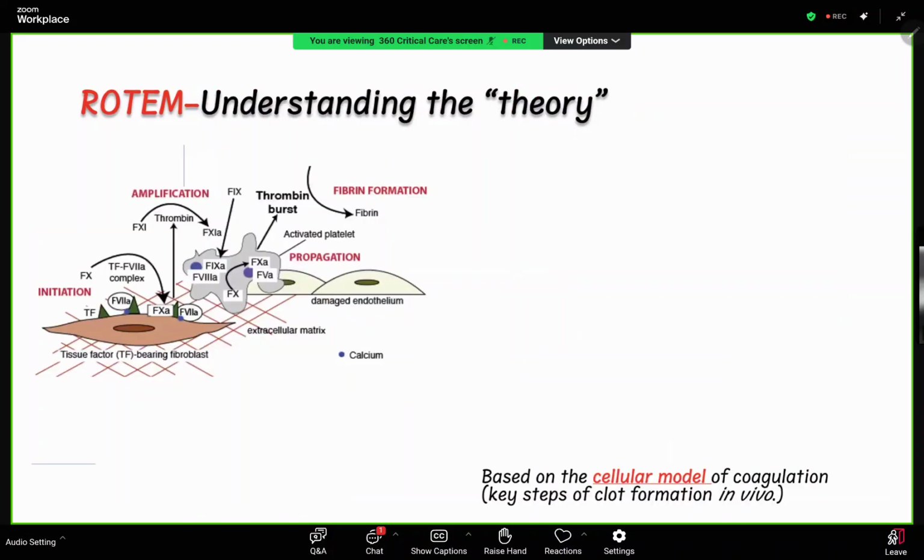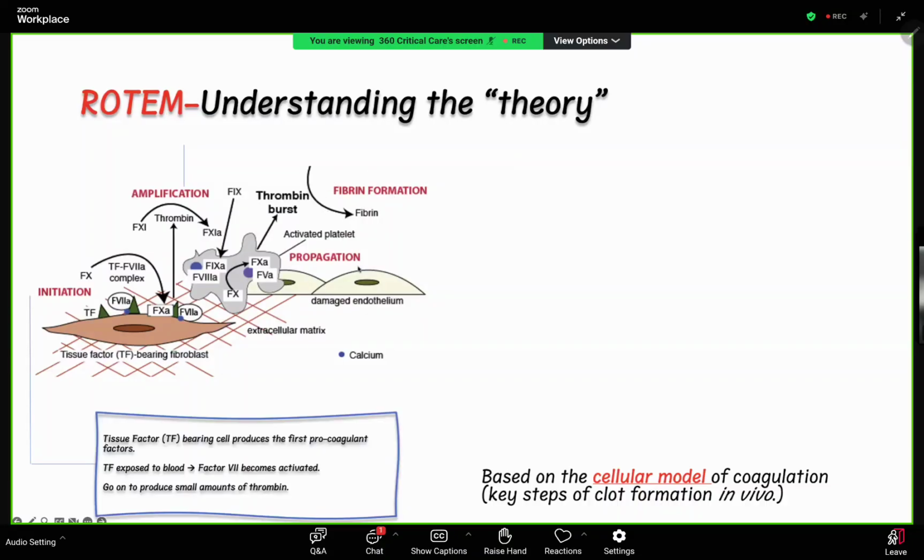Now, a little bit of theory that you need to understand, because the clot formation or the whole process of coagulation is divided into majorly 3 phenomena. One is initiation, amplification, and propagation. Between amplification and propagation, the phase of fibrin formation happens. So the initiation happens with the tissue factor, which is the main starting point for the coagulation, or it is a procoagulant factor.